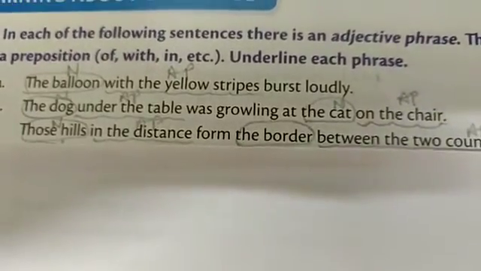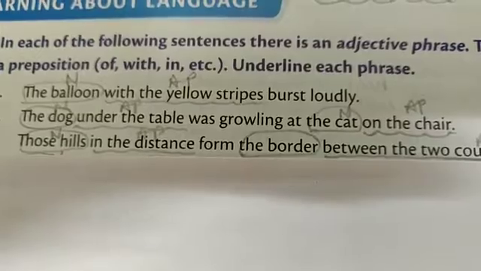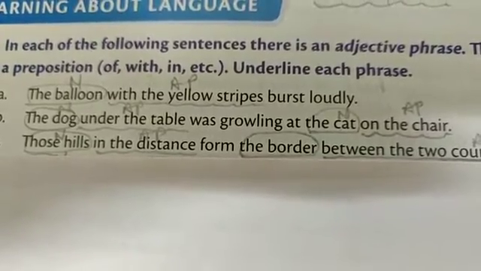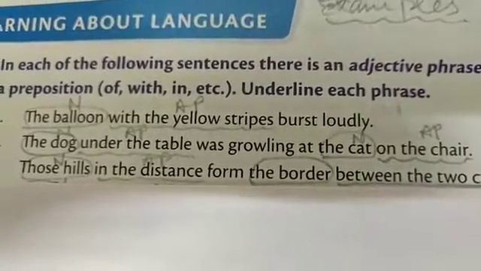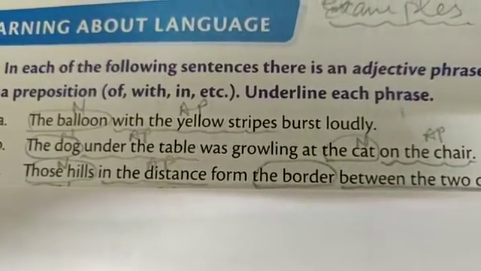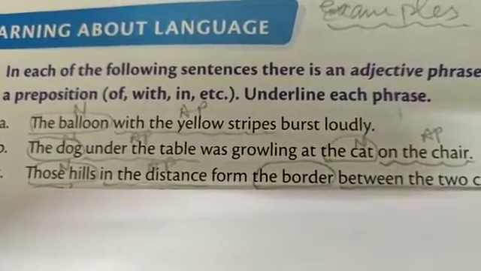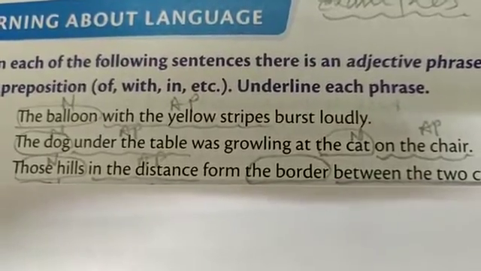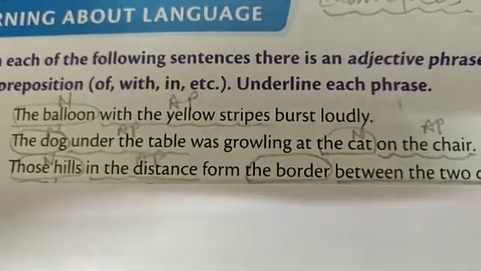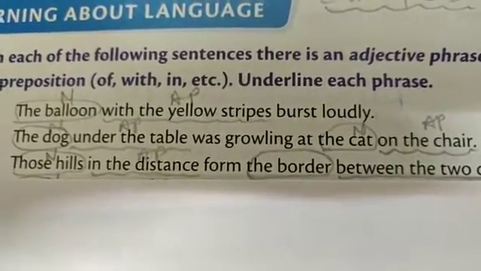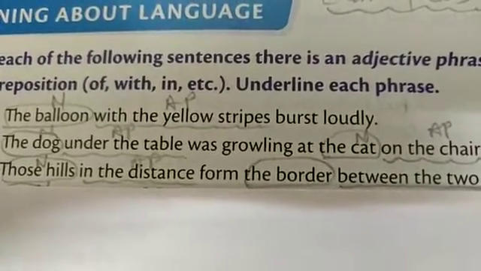Now coming to the next sentence, children. The dog under the table was growling at the cat on the chair. First of all, we need to identify the subject. Then we will identify the object and the preposition. The dog is the subject, which over here is a noun. Then what do we see over here?